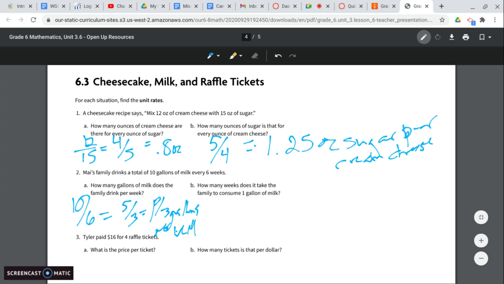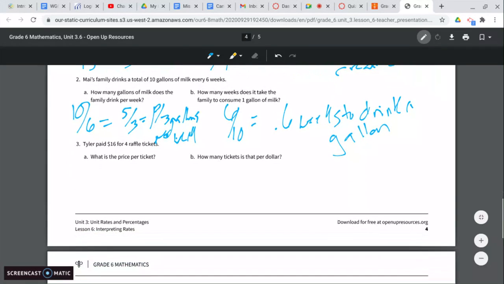For B, how many weeks does it take the family to consume 1 gallon of milk? So now we're doing the flip of this. So 6 divided by 10, which gives us 0.6 weeks to drink a gallon. So it takes them less than a week to drink a gallon of milk.